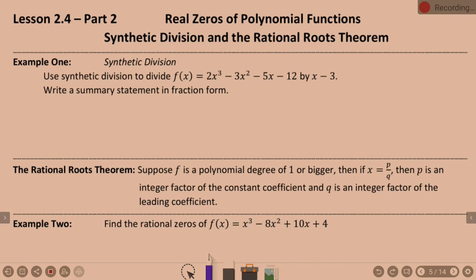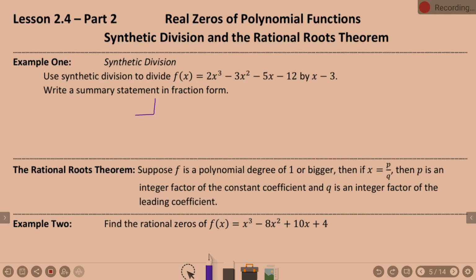It asks us to use synthetic division to divide this cubic function by the binomial x minus 3 and write the summary statement in fraction form. Okay, so synthetic division. We start usually by putting a box. That little box represents our divisor.